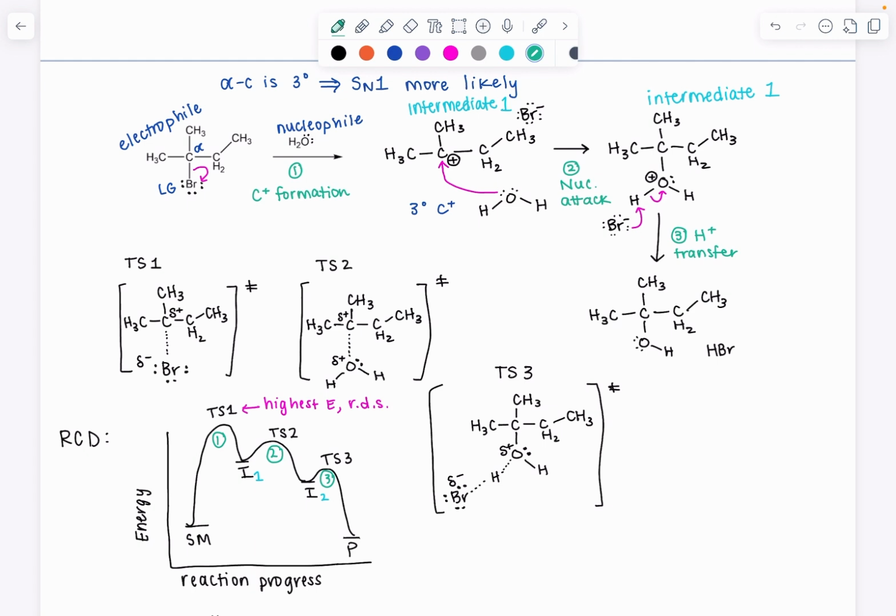We haven't talked about the energy much of proton transfers, but these are really low energy, or they require very little energy for that step to occur. If you had put transition state 3 about equal energy as transition state 2, that would be fine, as long as it's lower than transition state 1. In reality, it is much lower, doesn't require a lot of energy for that proton transfer.